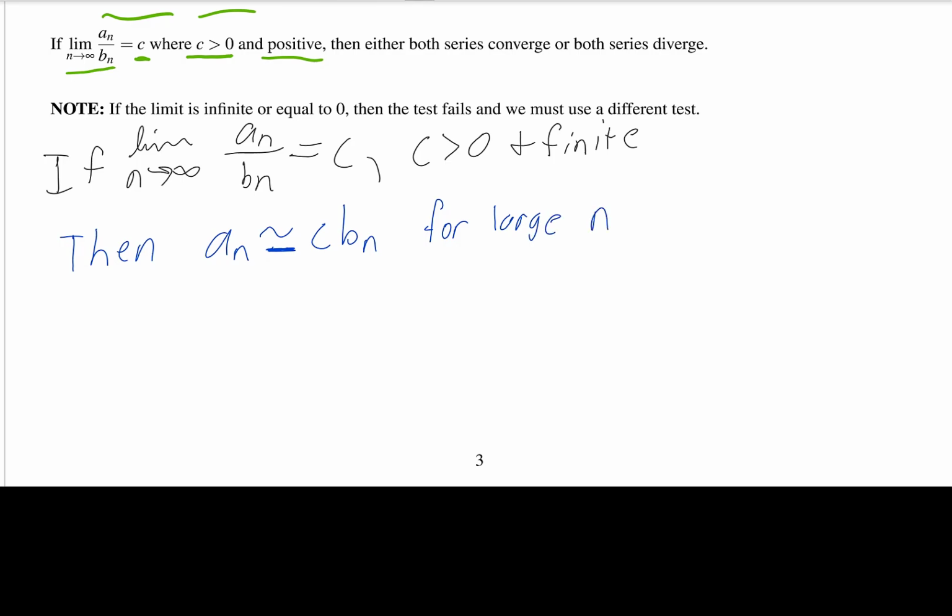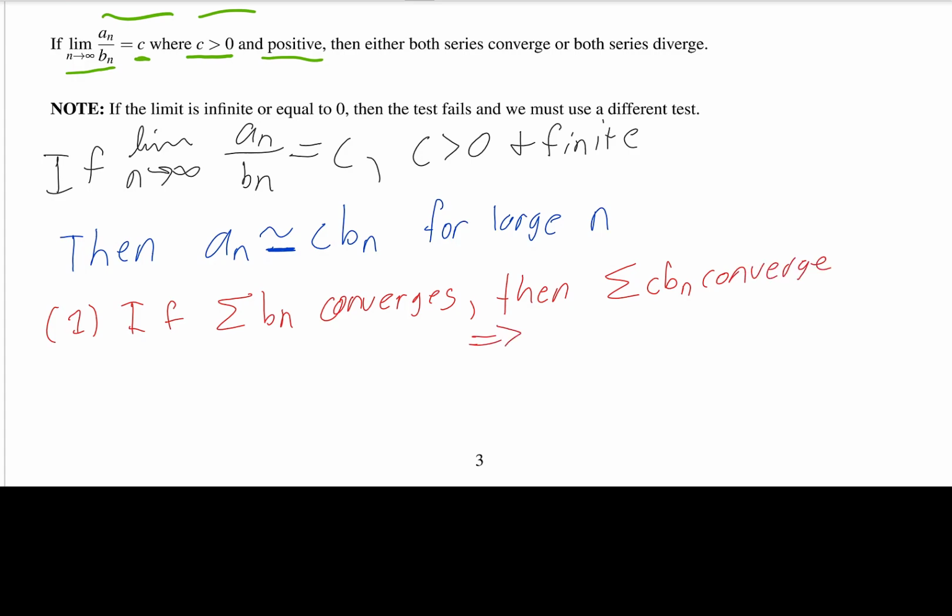then we get one of two things. If the series with b sub n converges, then multiplying by some finite constant, this is still going to converge.